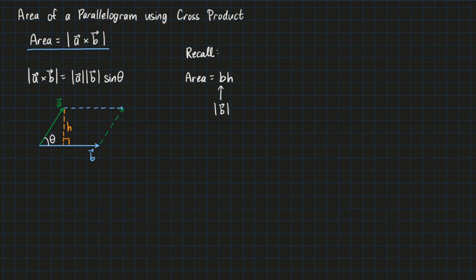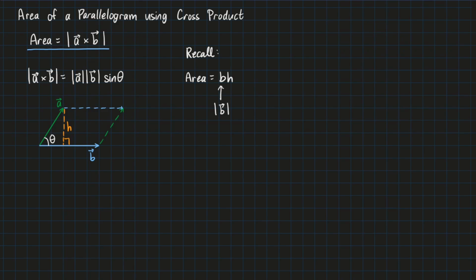Now let's make an equation so that we have h expressed in terms of our known values. So what we have is A, theta, and h, and it forms a right triangle. We're going to use a trig function to make that relation.